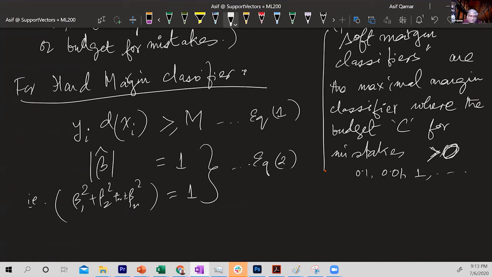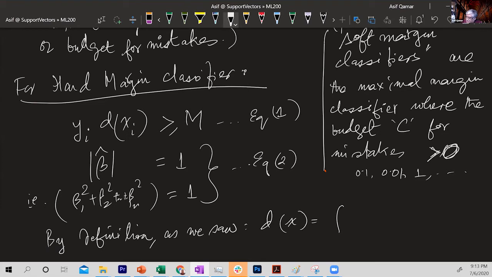Are we together? By definition, as we saw, dx is equal to beta naught plus beta 1 x1 plus up to beta n xn. I'm just trying to map it to the notation of your book.